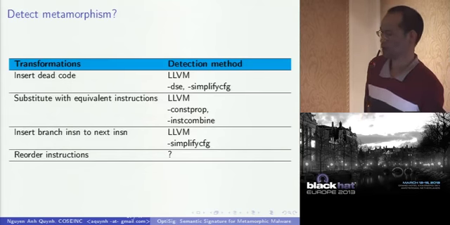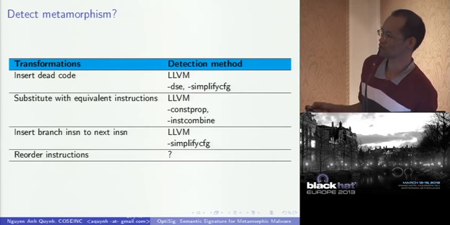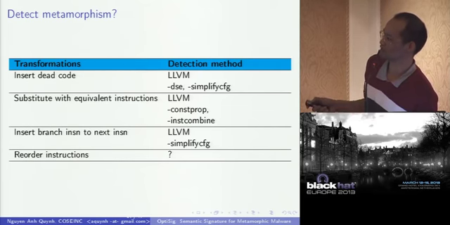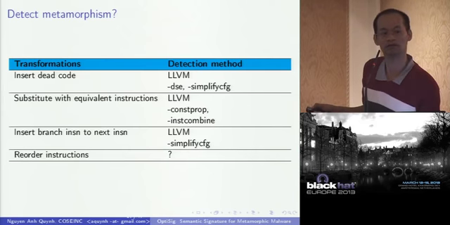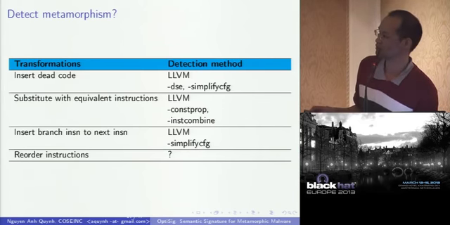So you see, you have four transformations, right? Insert dead code, substitute with equivalent instruction, insert branch instruction to the next instruction, and reorder instructions. The first three transformations can be solved with these LLVM optimizations. Like this, inserted dead code can be removed with DSE and simplify control flow graph.